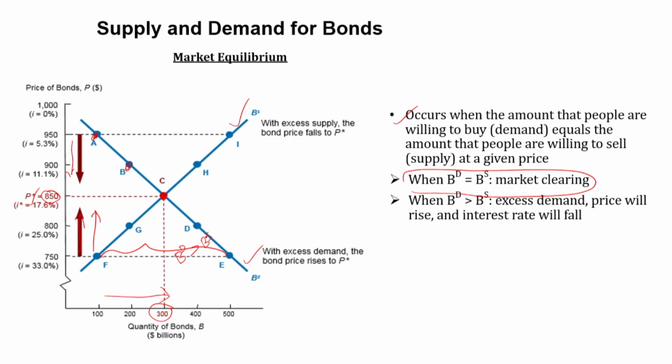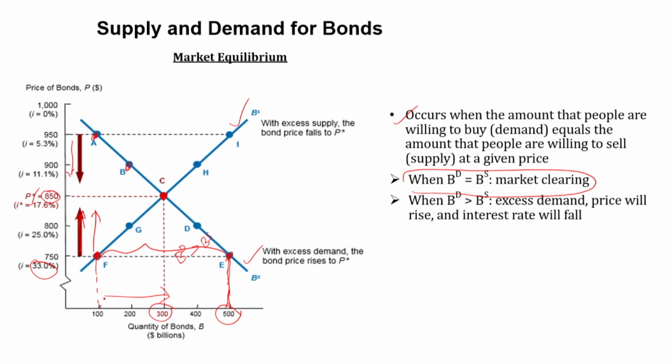Then there will be a rise in price, because the quantity supplied by the firms and government, the bonds issued by them, is only this much. But households and banks want to lend in the finance market, the debt market. At this rate of interest, 33%, when the bond price is 750, they want to lend $500 billion.